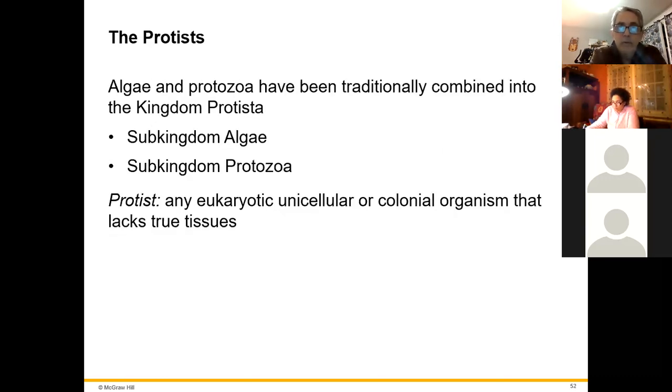Algae and protozoan have been traditionally combined in the kingdom Protista, which is made up of a subkingdom of algae and a subkingdom of protozoan. The protists are unicellular eukaryotes. They can form colonies. They lack true tissue.